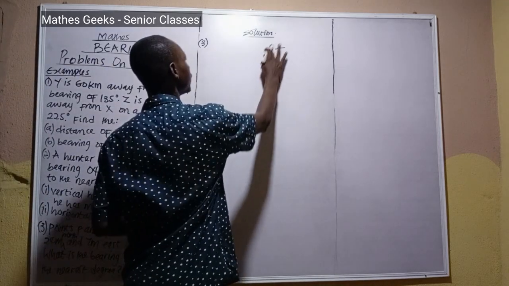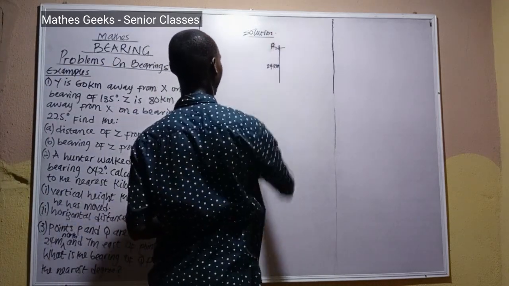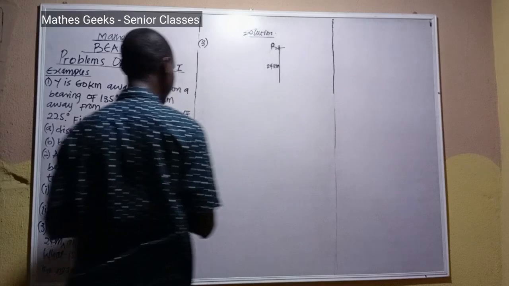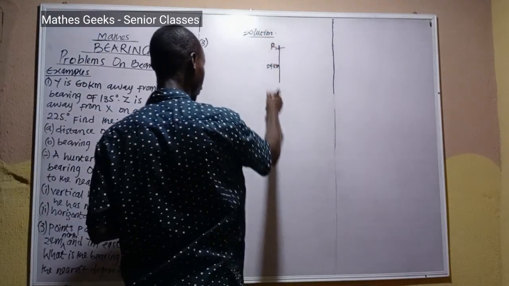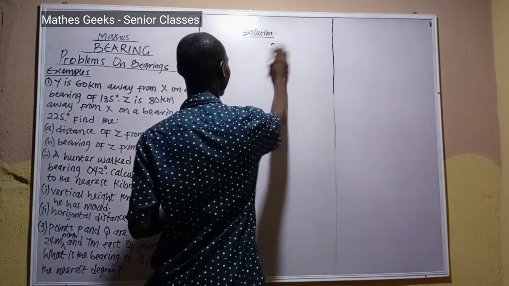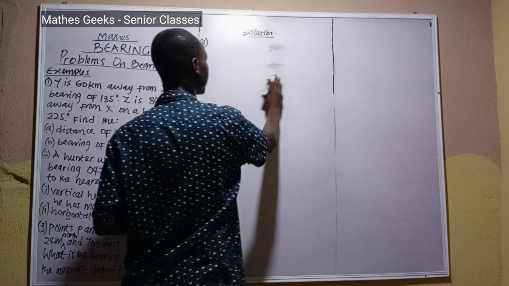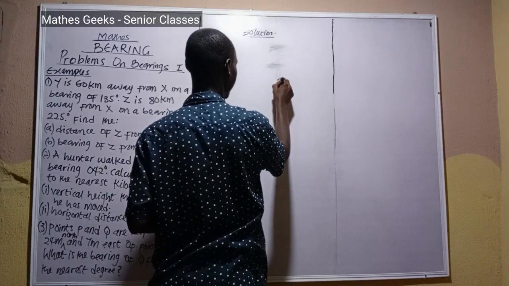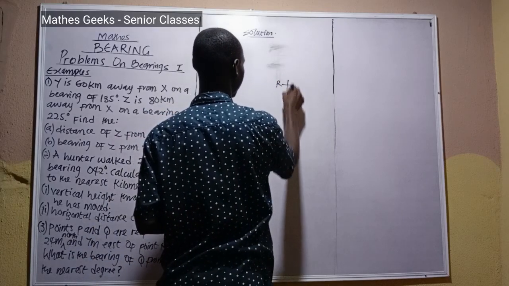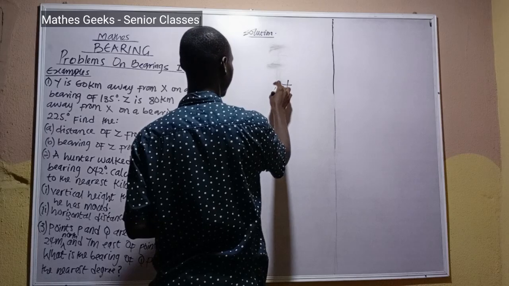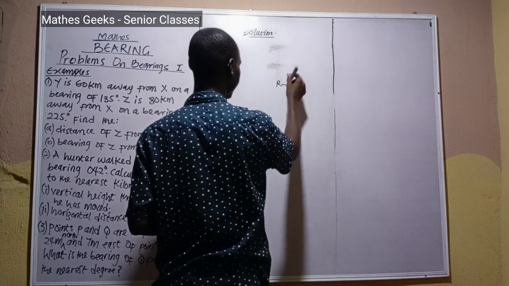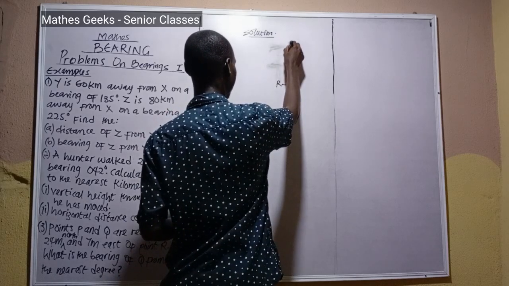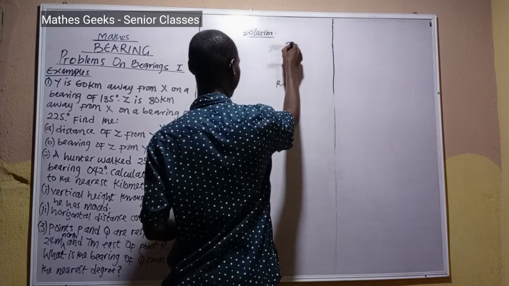So R is the starting point. So 24 meters north of R will give us point P. So the bearing of P from R is 24 meters north, upwards. That's a cardinal point.